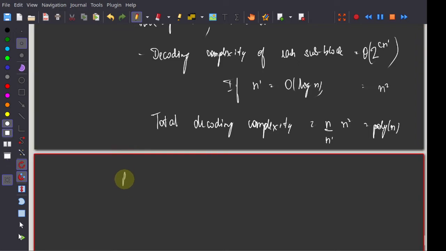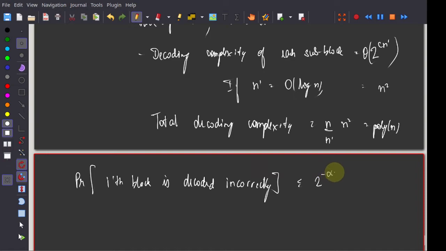So the probability that the ith block is decoded incorrectly is less than or equal to 2 to the negative alpha times n prime.